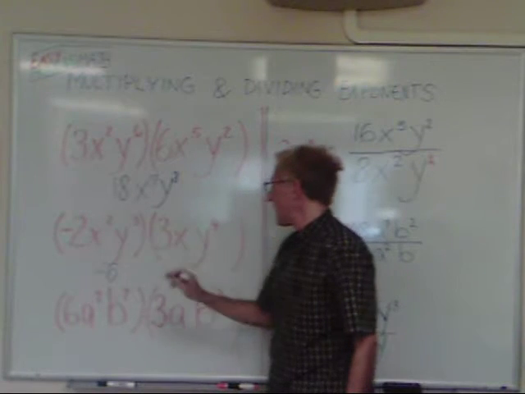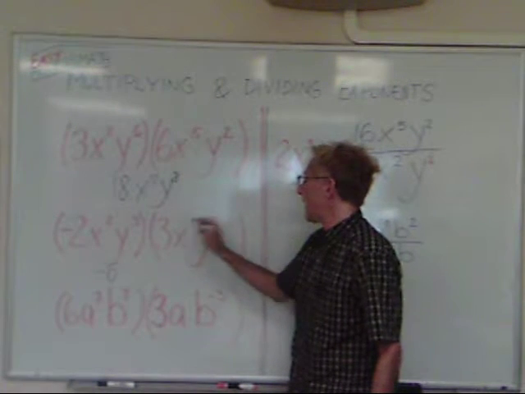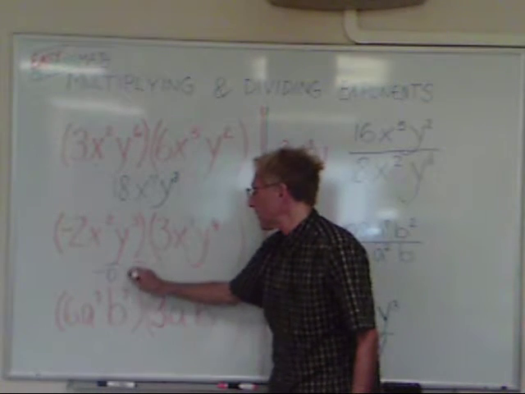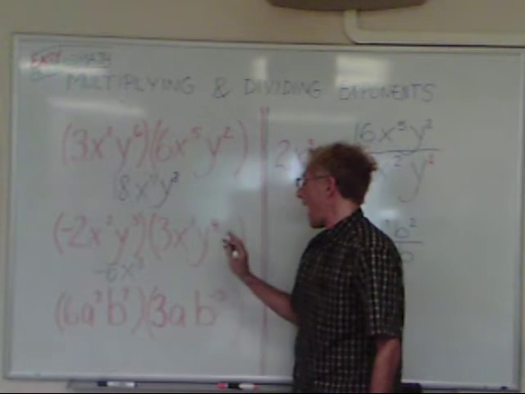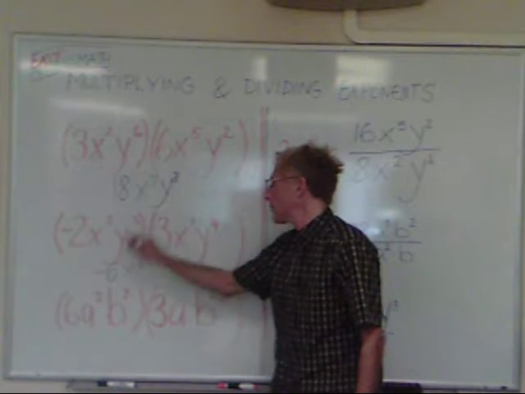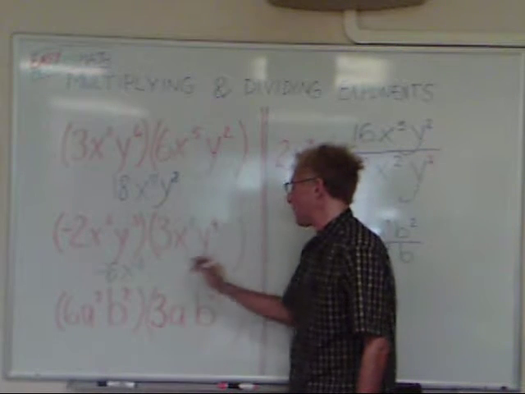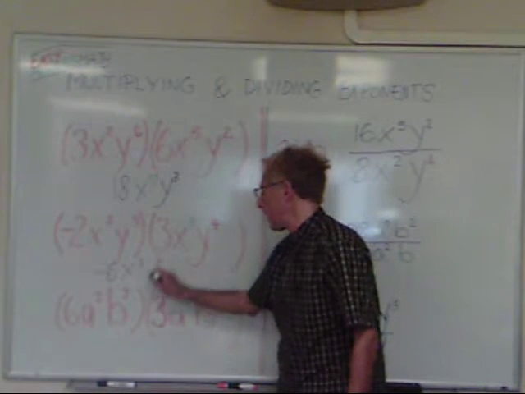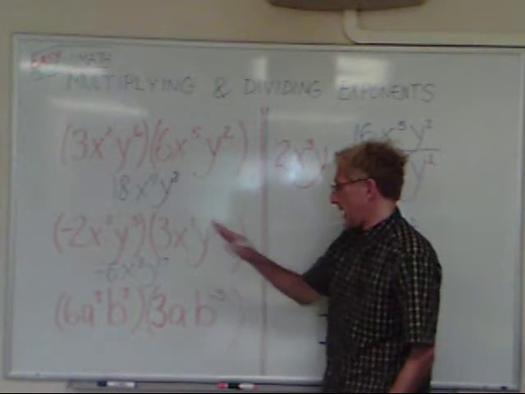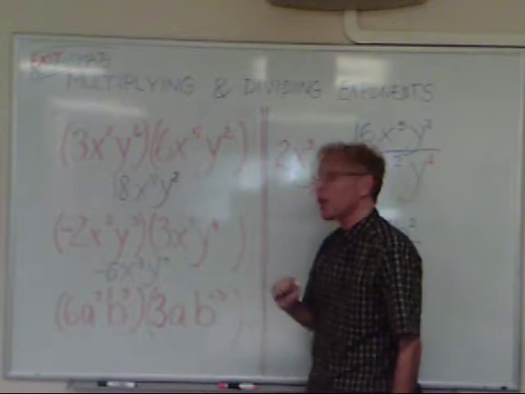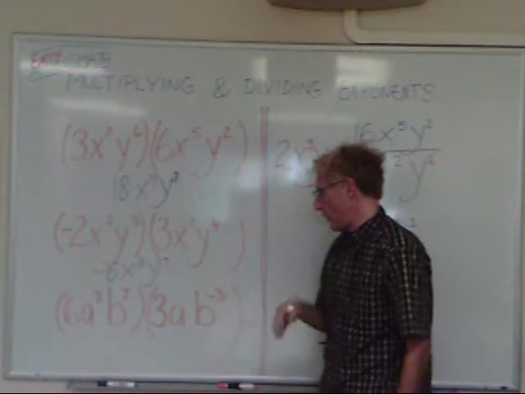So x to the second, and this is like that invisible 1, x to the first, gives me x to the third. And the y to the third and y to the fourth, add them, y to the seventh. So we have negative 6x to the third, y to the seventh.